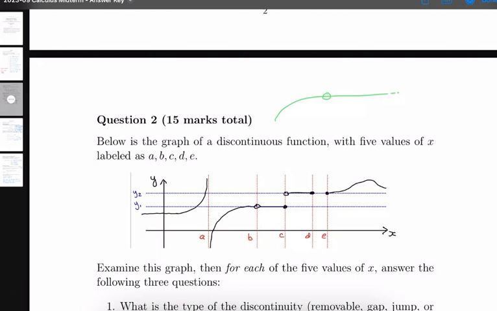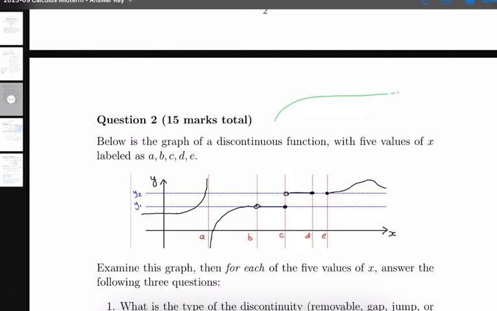But if I say you can put the point back in, you can fill it back in. Then is it discontinuous now? No. It's continuous again.